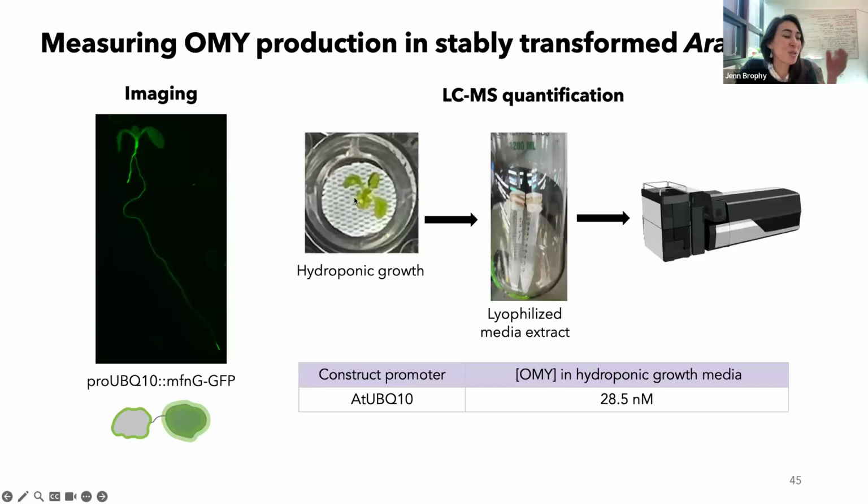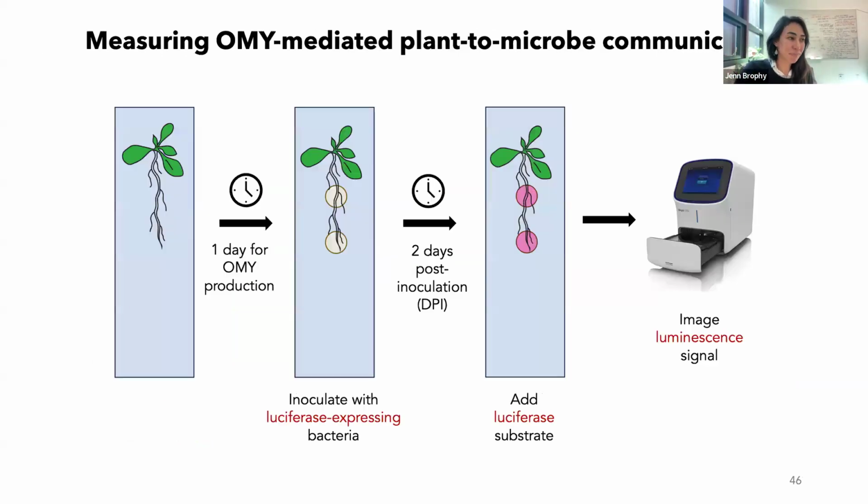She'll grow the plant in this hydroponic growth setup and then collect the media and run it on an LC-MS in order to figure out how much O-methyltyrosine is being secreted by these plants into the environment. And it is quite a small amount, like nanomolar concentrations of O-methyltyrosine end up in the media here. But that was enough for us to try to test whether or not this trans-kingdom signal could be detected by the bacteria.